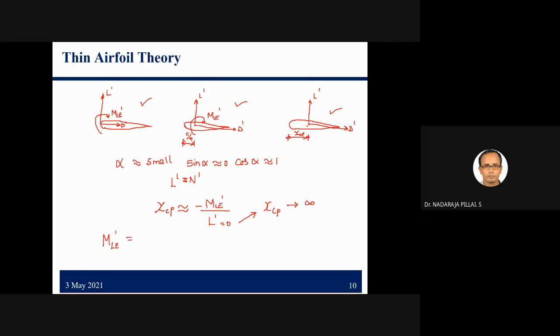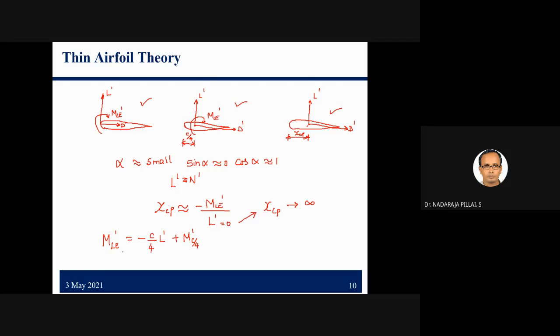By considering this figure, I can say L dash times c by 4, plus the moment about the quarter chord point, because this resultant I am keeping at this point, but the center of pressure may lie somewhere.